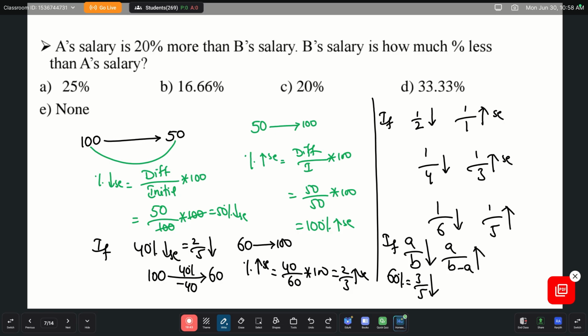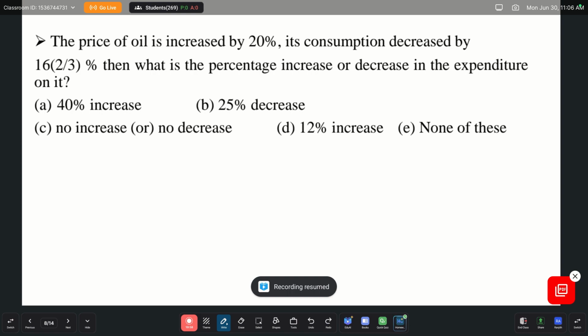How much percentage we need to increase? 3 by 5 minus 3 will be equal to 3 by 2. 3 by 2 is nothing but 150 percentage has to be increased.